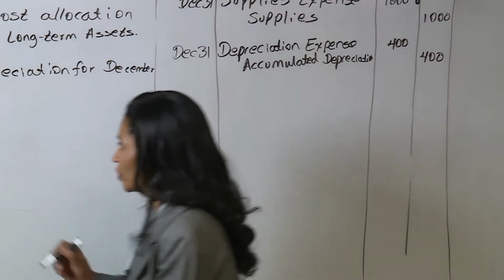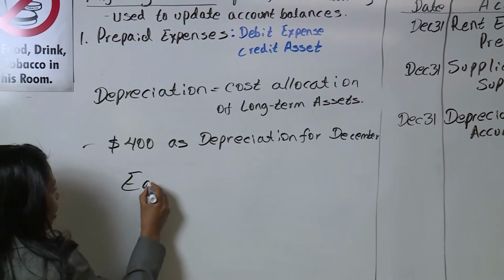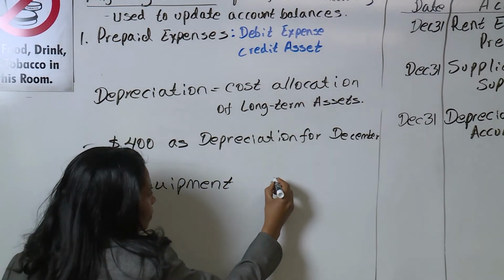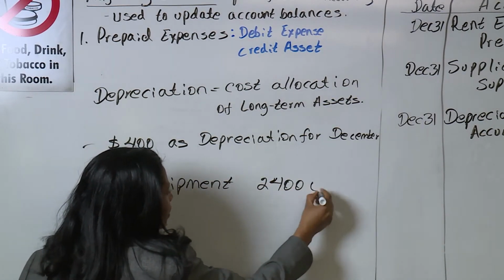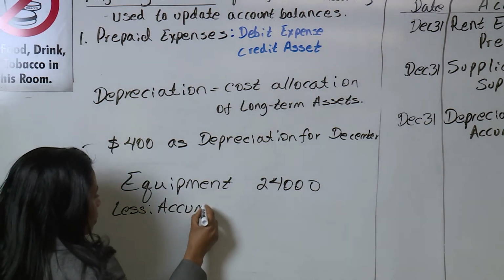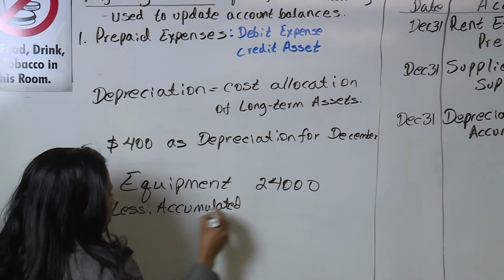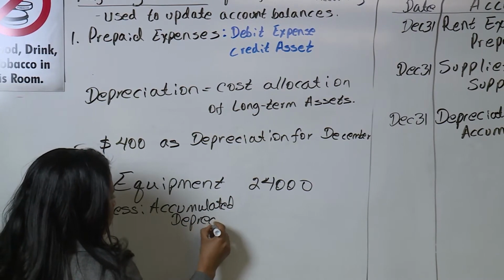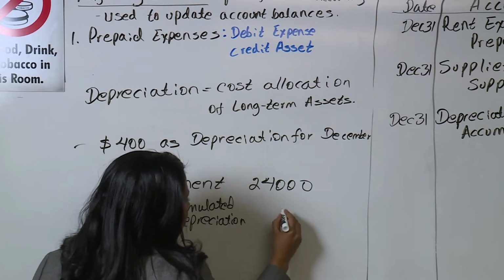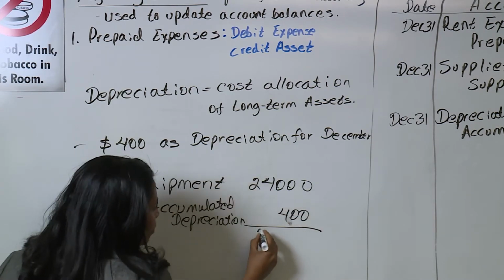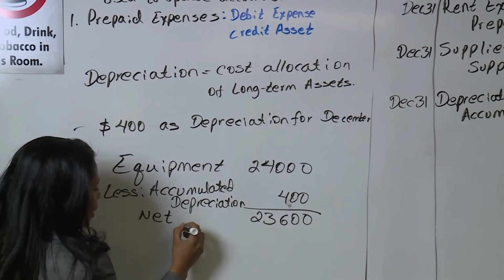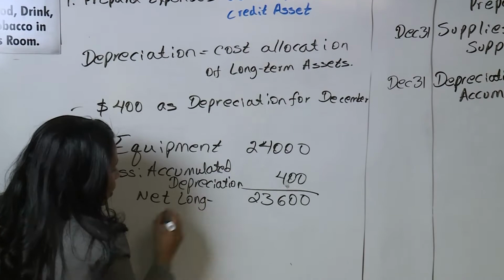So when I report in my balance sheet, I show equipment, 24,000, and I say less accumulated depreciation, 400, which will give me 23,600 net long-term asset, or net equipment.